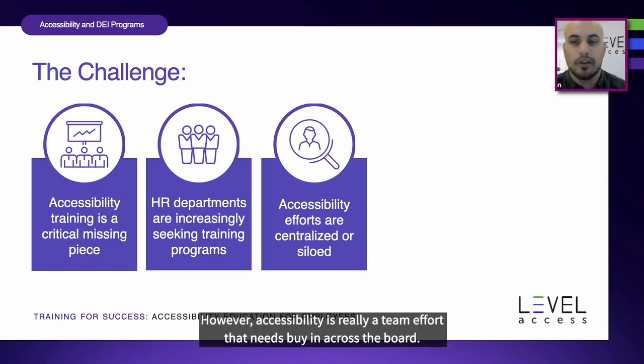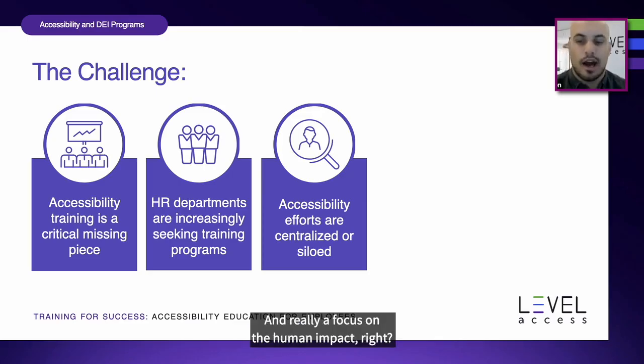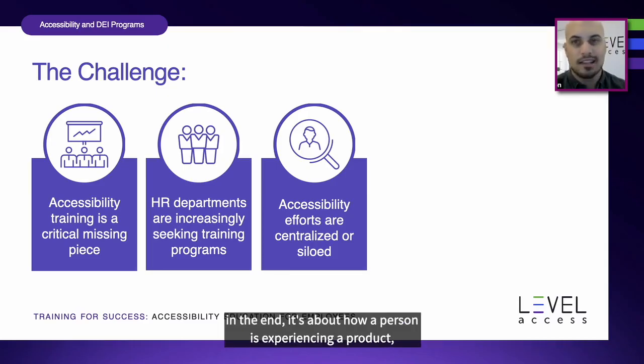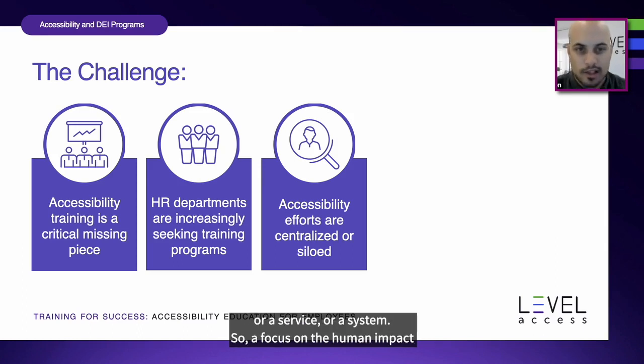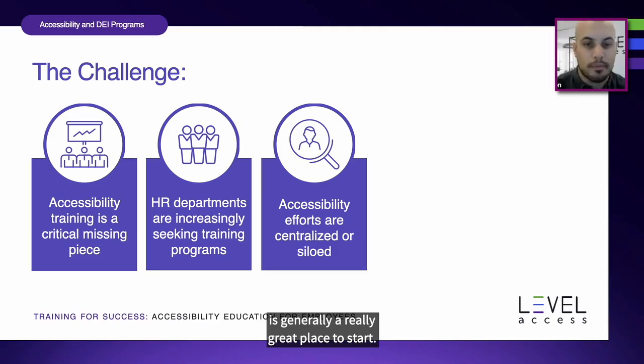However, accessibility is really a team effort that needs buy-in across the board, and really a focus on the human impact, right? Accessibility, while it's a set of technical requirements and compliance is a huge portion of that, in the end, it's about how a person is experiencing a product, a service, or a system. So a focus on the human impact is generally a really great place to start.